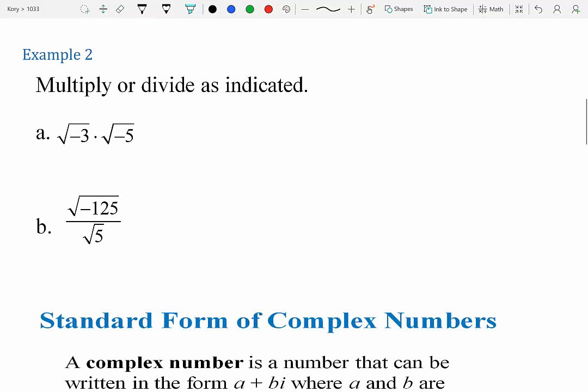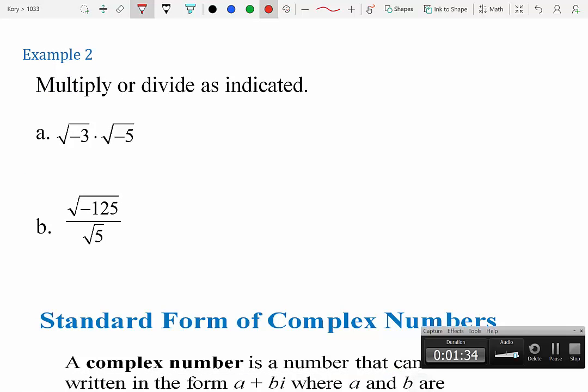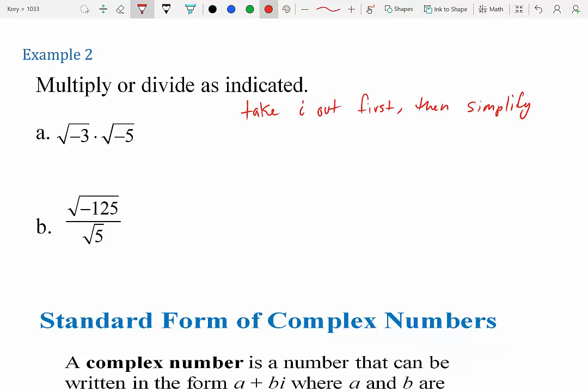Multiply or divide. Before you multiply or divide, you need to take out i first and then simplify. Here, we take out the i, so we're left with the square root of 3, and take out the i, we're left with the square root of 5. So we have i times i is i squared, 3 times 5 is 15. We know i squared is -1, so we have negative square root of 15.